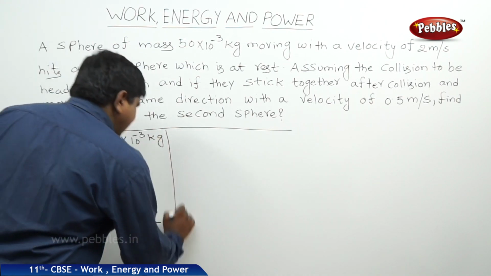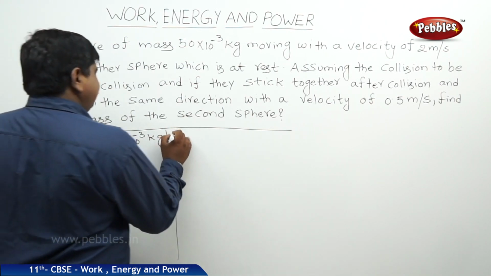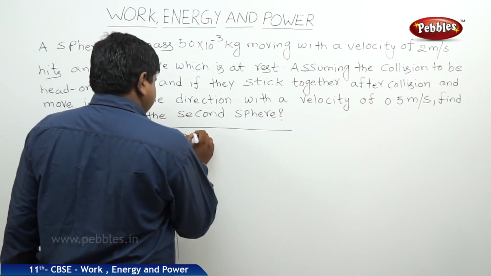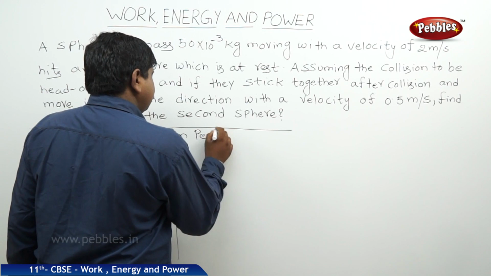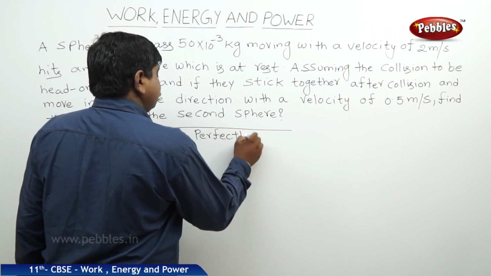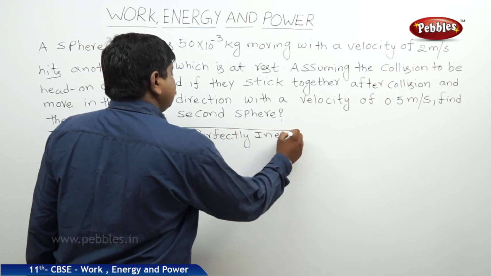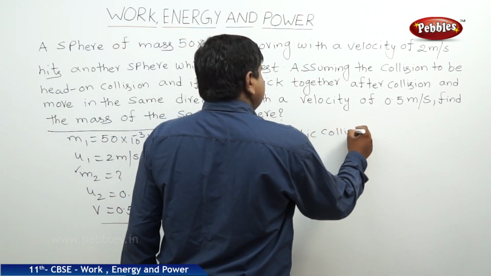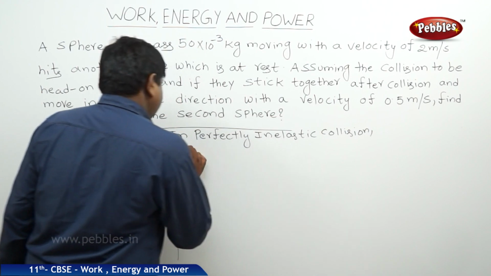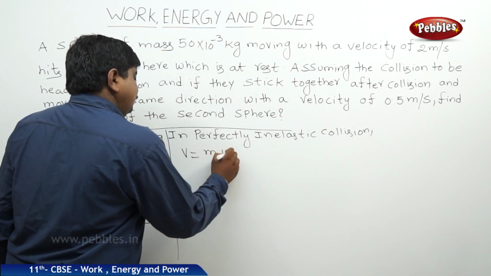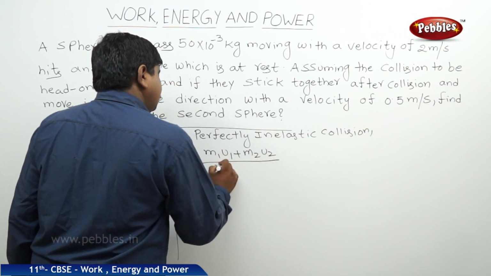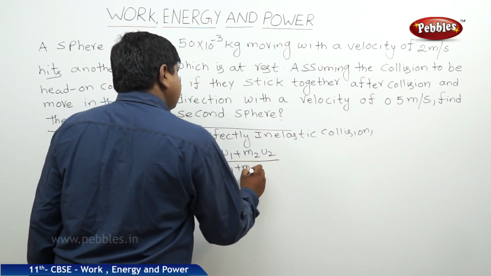In perfectly inelastic collision, the velocity v is equal to (m1 u1 plus m2 u2) by (m1 plus m2).